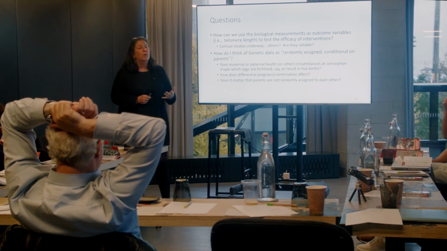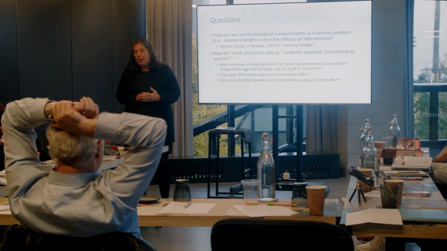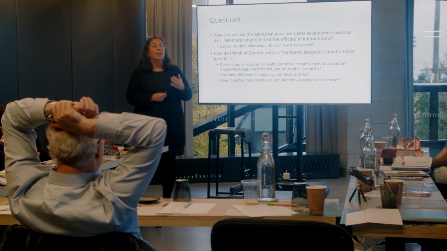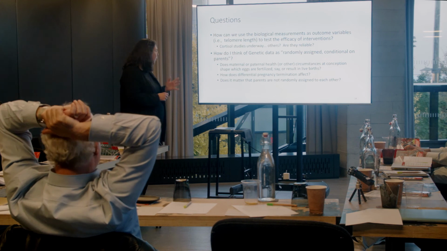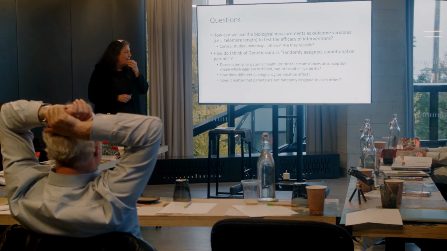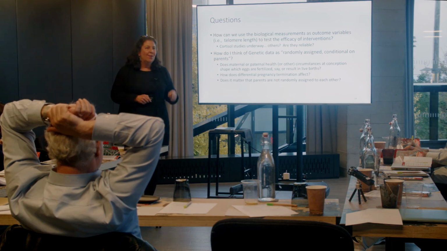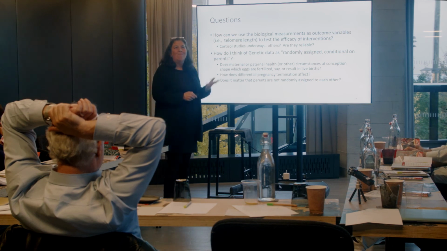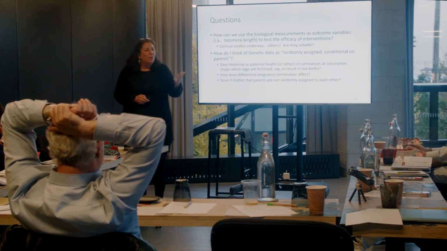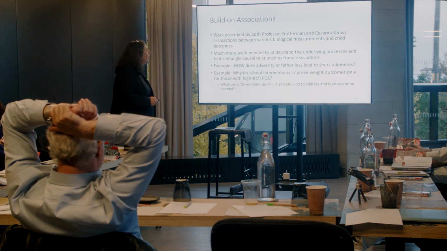If, for example, some combination of things ends up in a spontaneous abortion because it's problematic for the baby, then how does that shape the sample of what we see in the births? Does it matter that parents aren't randomly assigned? And how do I think about that? There's lots of evidence that there are some kinds of assortative mating. I don't know that any of these things are a problem, but it leads me to try to think about things.